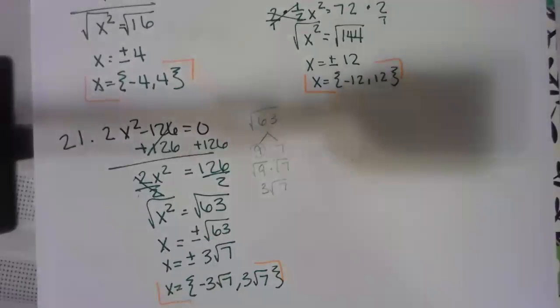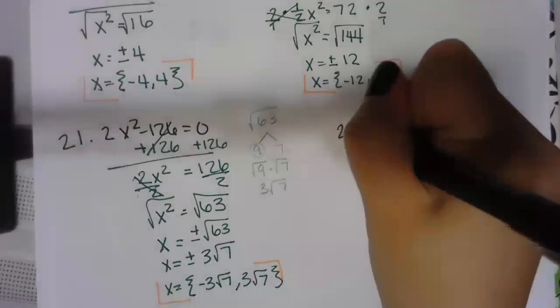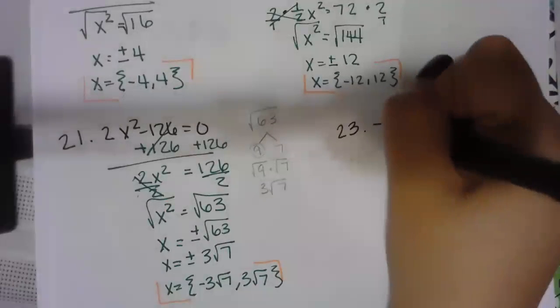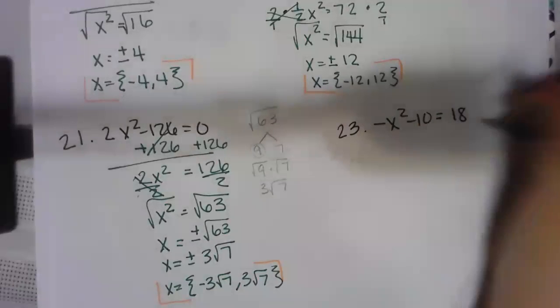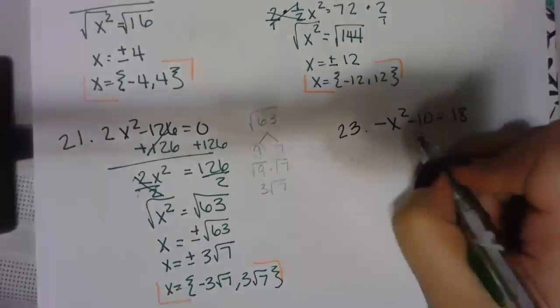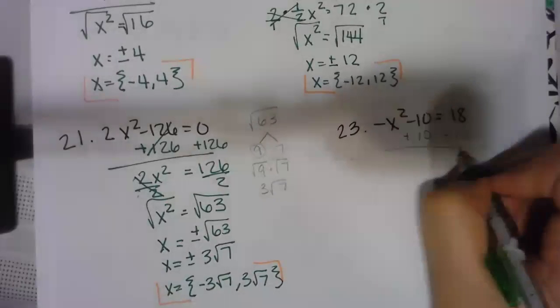All right, now, for example, let's take number 23, which has negative x squared minus 10 equals 18. Well, again, isolate that by adding 10 on both sides.